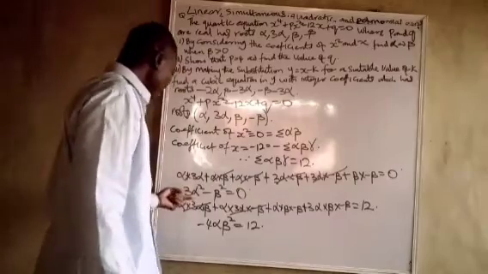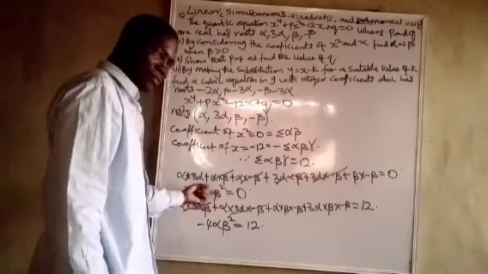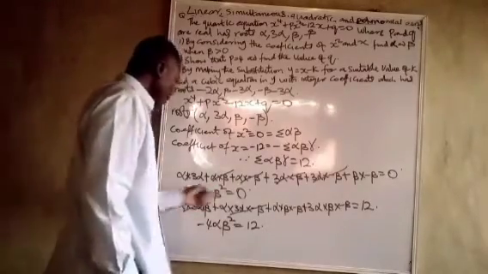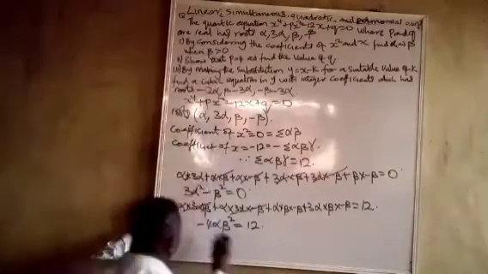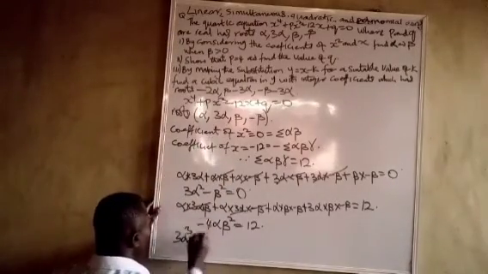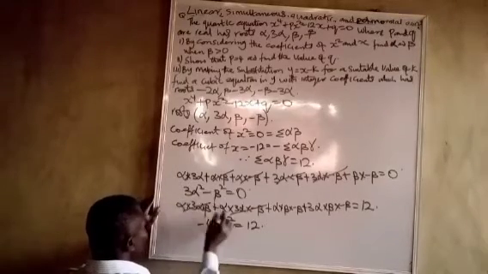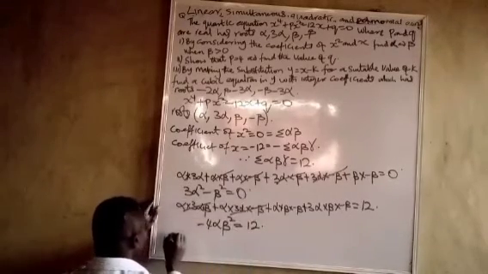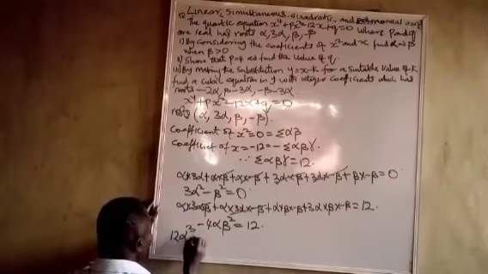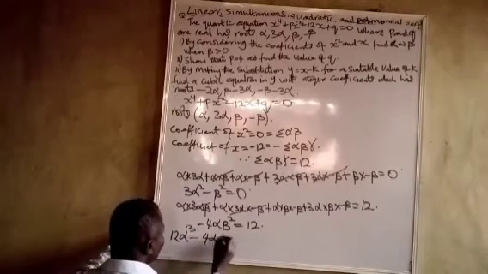And from here, I have 3 alpha squared minus beta squared is equal to 0. Let me multiply this one through by 4 alpha. So I have 12 alpha cubed minus 4 alpha beta squared is equal to 0.